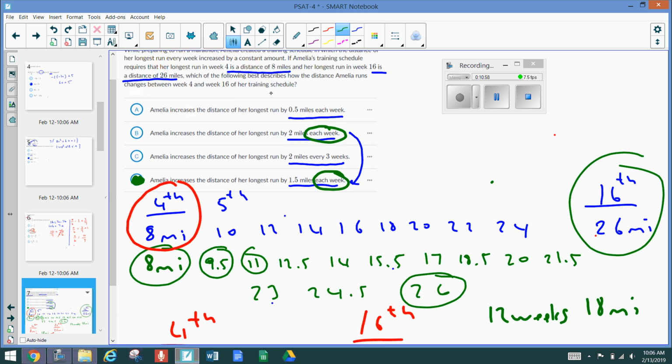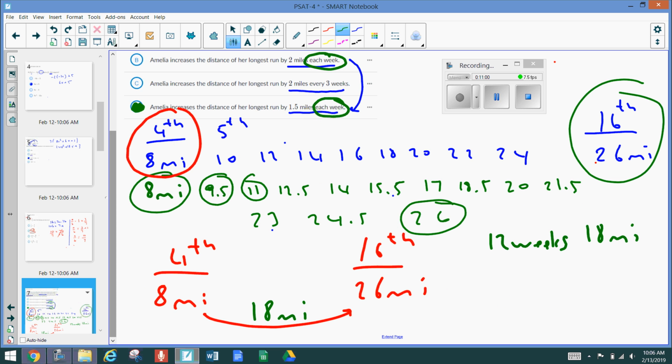So we're going to find the improvement each week. So if she is running 18 miles, it took 12 weeks, so what is the answer going to be? 18 divided by 12 is equal to 1.5.